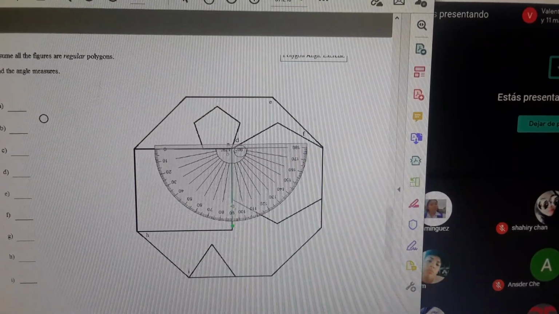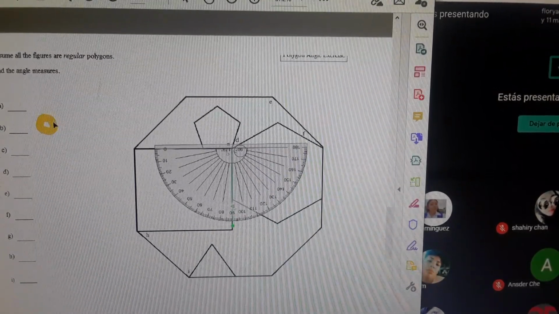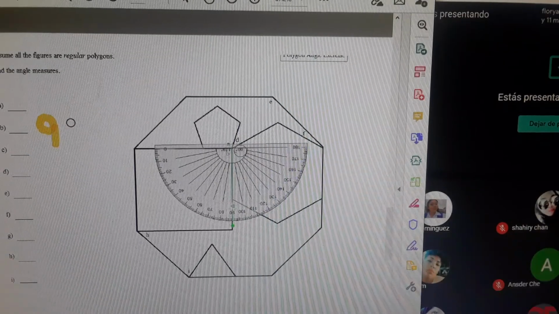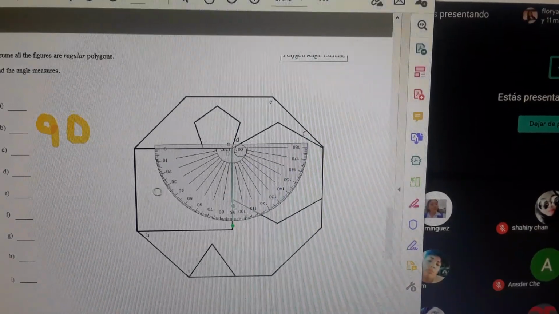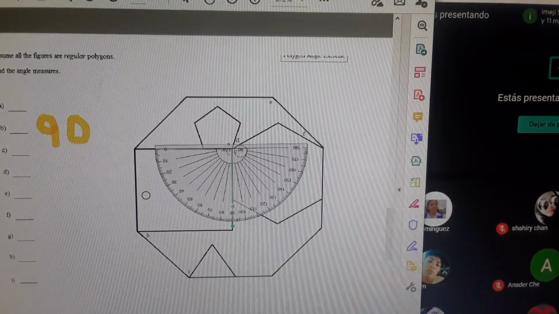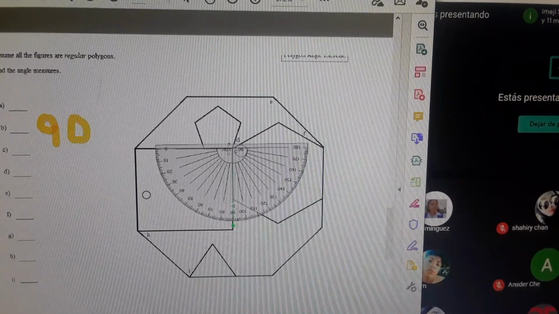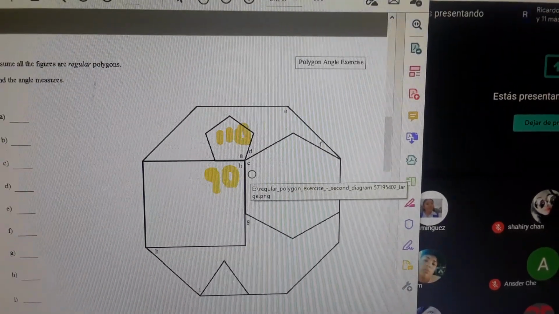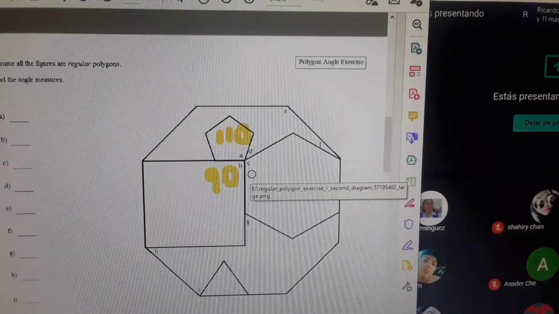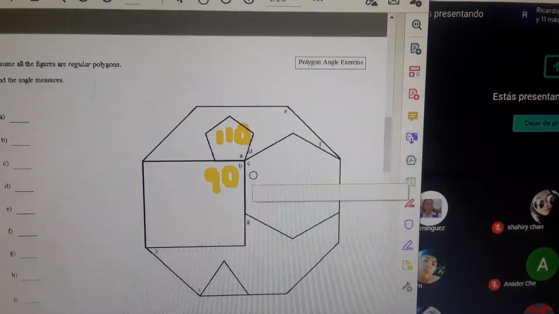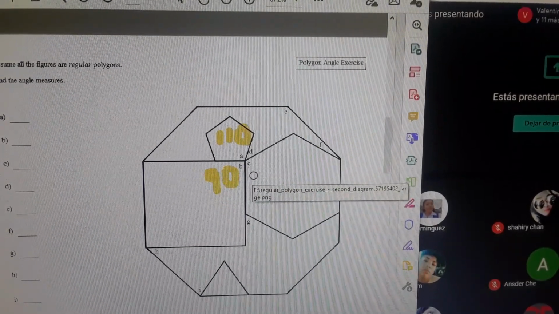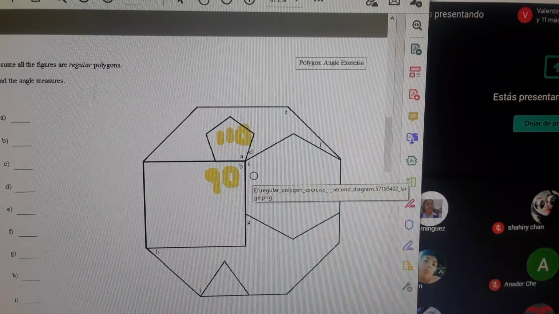The angle right here in this case for B is going to be 90 degrees. Alright? I need to use my protractor as well, and I will be able to find my angle at C.